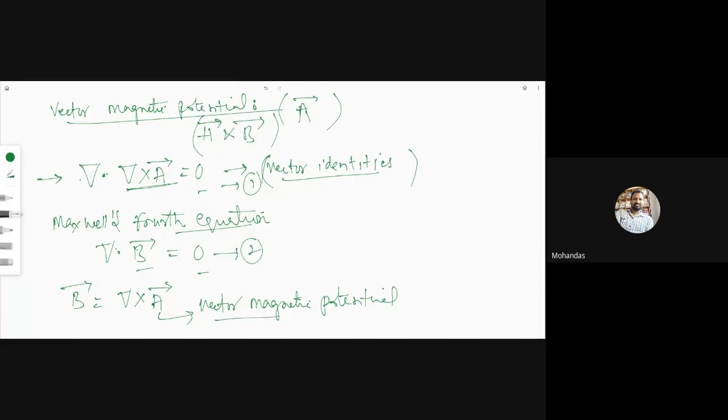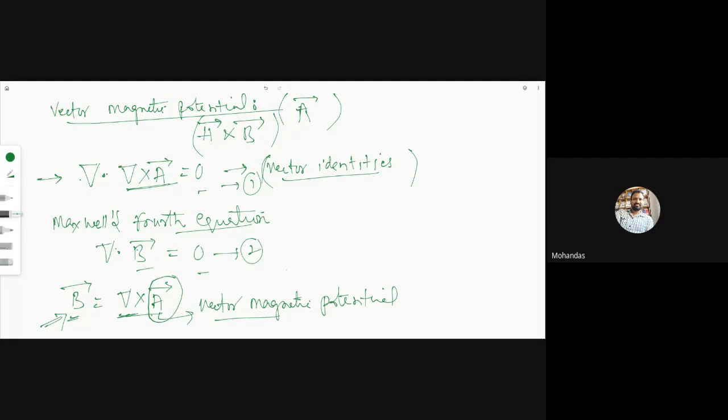How do we define this vector magnetic potential? The vector magnetic potential is defined in such a way that its curl gives the magnetic flux density. If you take the curl of this vector magnetic potential, del cross A, that gives which one? What is B? B is the magnetic flux density.